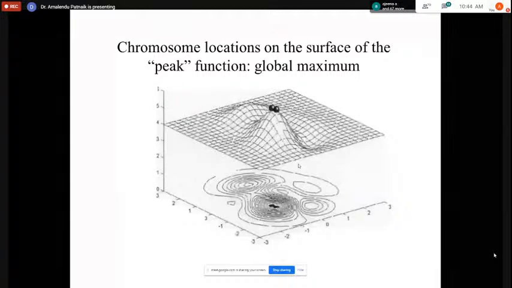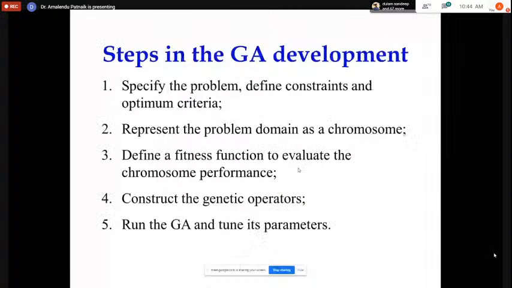Although this is specific to the genetic algorithm, the general process of applying any meta-heuristic technique is similar only. So first, specify the problem, and define constraints and optimum criteria.